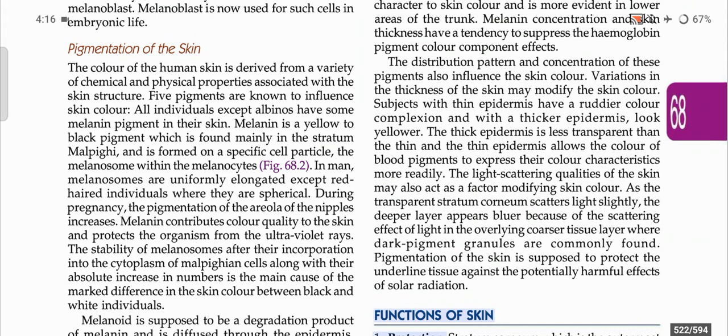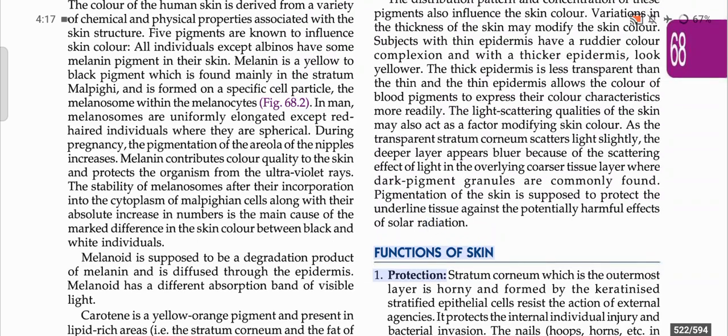Variation in the thickness of the skin may modify the skin color. Subjects with a thin epidermis have a redder complexion, and with a thicker epidermis look yellower. The thick epidermis is less transparent than the thin, and the thin epidermis allows the color of the blood pigments to express their color characteristics more readily.